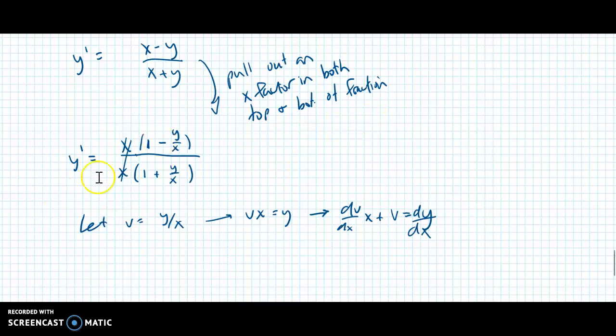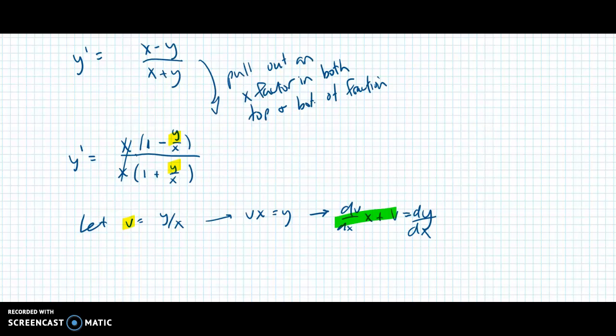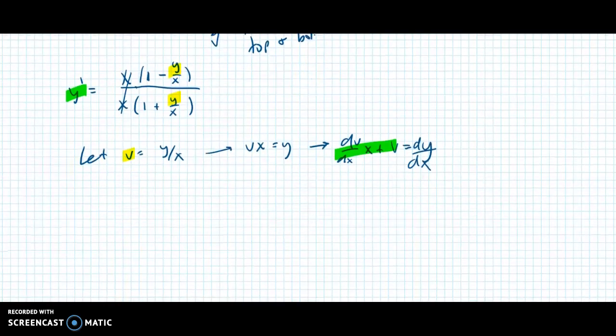Okay, so now sub in v, and boom, goes in here. So let's do it. I get dv/dx times x plus v is equal to this fraction, (1 minus v) over (1 plus v).